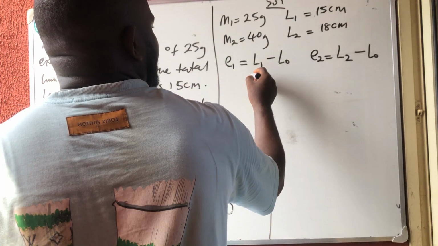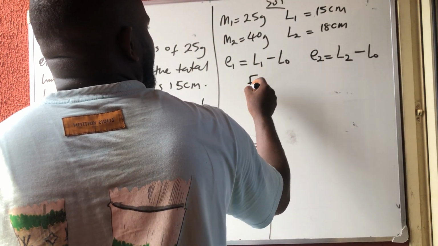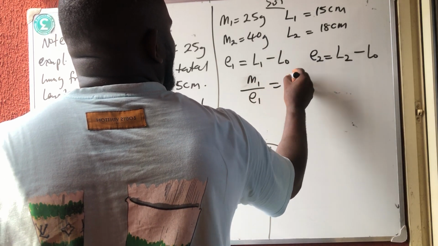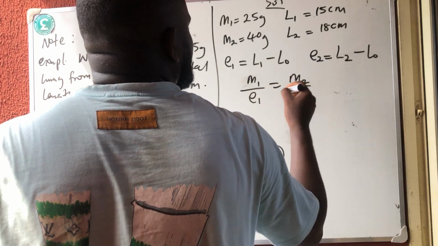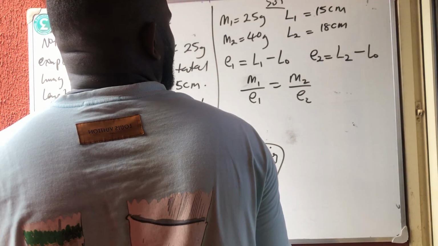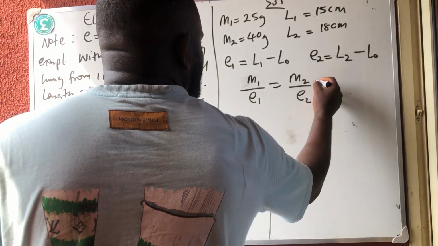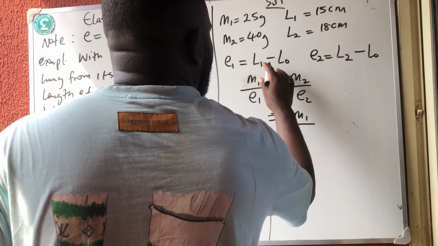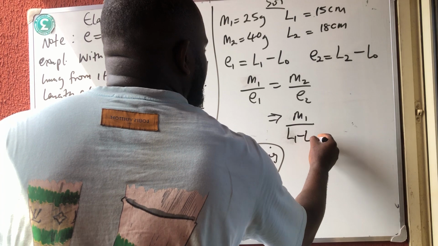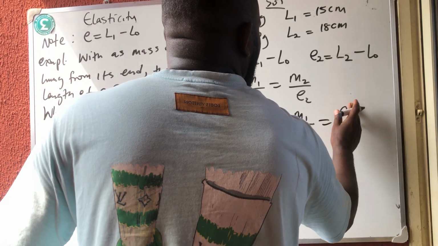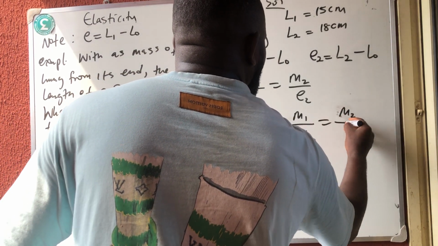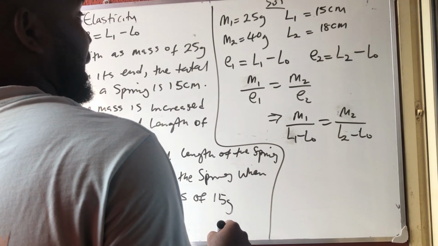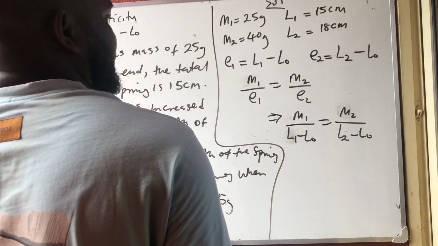So we have m1 over e1 is equal to m2 over e2. Let us now substitute: m1 over L1 minus L0 is equal to m2 over L2 minus L0. Remember that L0 is the original length of the spring.